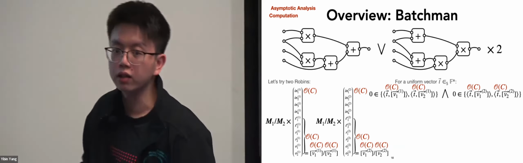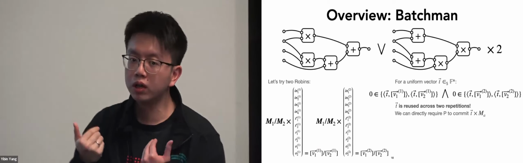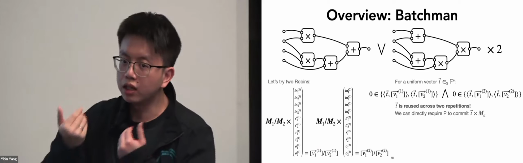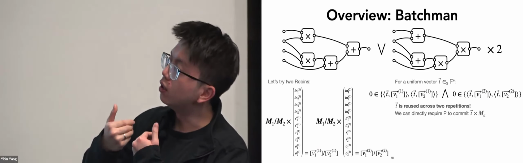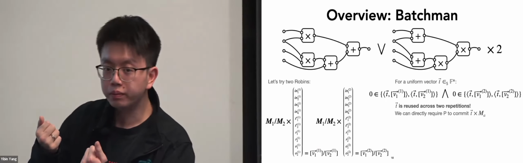So our observation is actually very simple: we can reuse this T across these 2 repetitions. Instead of computing M times the vector ourselves, we ask the prover to give us M times the vector, and later prove that she gave the correct one.